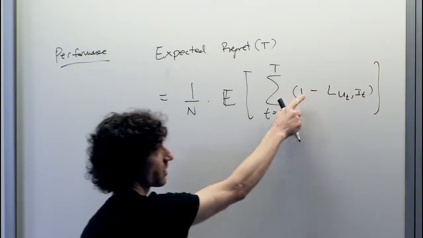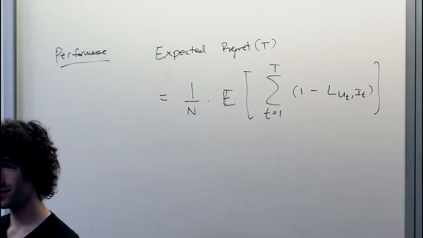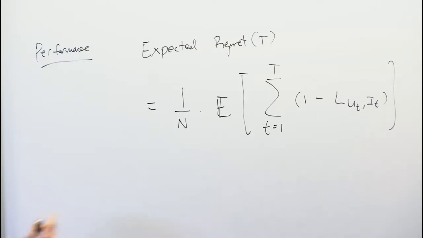All right, so we're comparing ourselves to what you would do if you just gave a good recommendation. That'd be +1. And so this regret is 2 if you gave a bad recommendation, and 0 if you gave a good one. So obviously you want a low regret. That's good performance. Normalize with n and not with t?